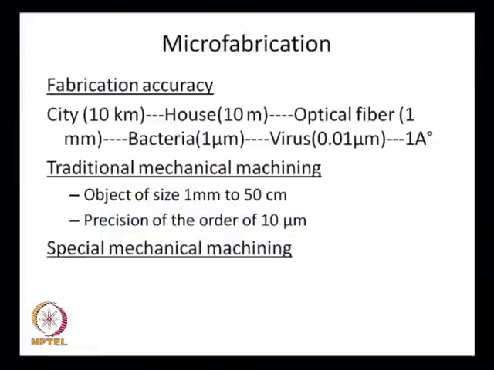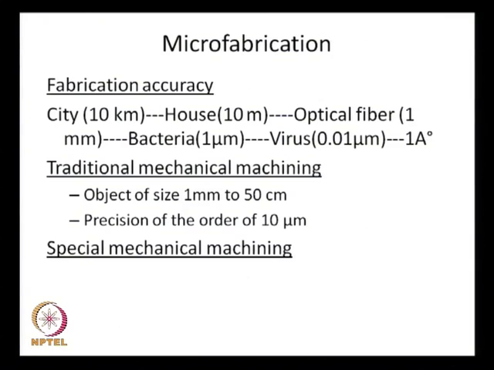When we look at fabrication accuracy, these are some of the scales that we have here. A city, the fabrication accuracy is 10 kilometer, house it is 10 meter, optical fiber one millimeter. These are not the fabrication accuracy, these are typical length scales that we consider. Okay. A house, where is the house located, and if you say within 10 meters where the house is located, you will be just fine.